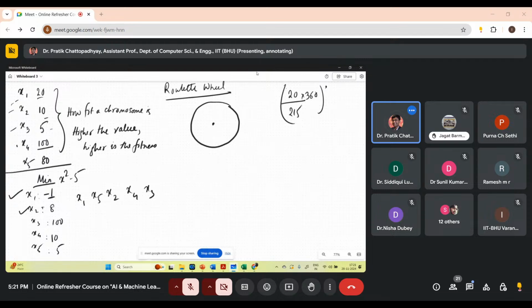If I start here, let's say this is X1, then this area is assigned to X2, this to X3, X4 will have maximum area, and then X5. These angles we can get by computing this expression: for each, we divide by the total sum of all the fitness values multiplied by 360, and we get the corresponding angles.